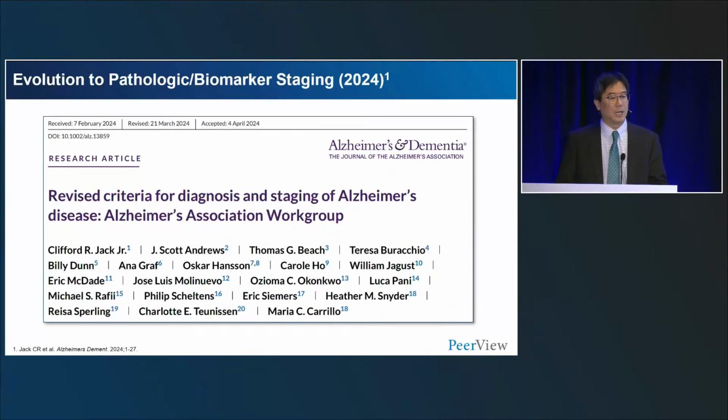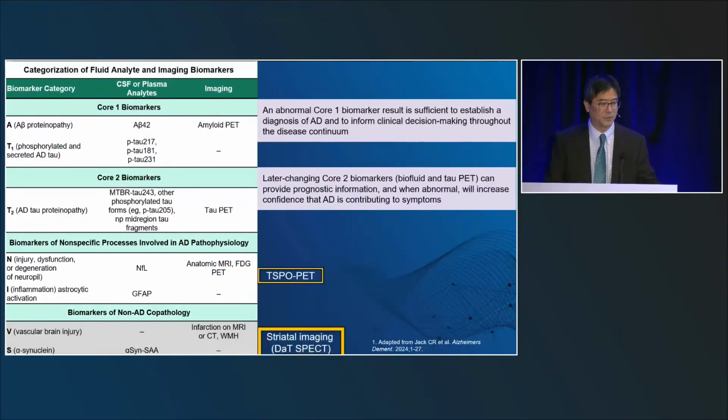So the pathologic staging system is recognized by neurology. The traditional one was the ATN, and then they evolved that to a more sophisticated state just recently in 2024. But the core critical biomarker still remains amyloid, and specifically for imaging, amyloid PET.